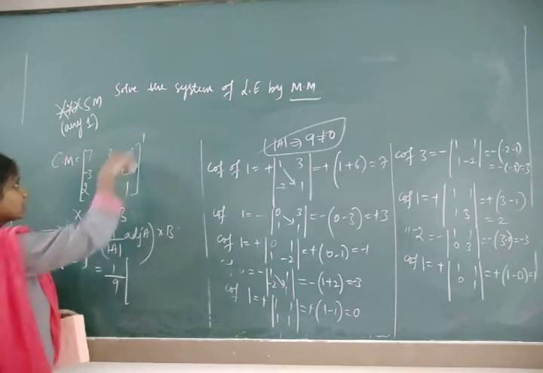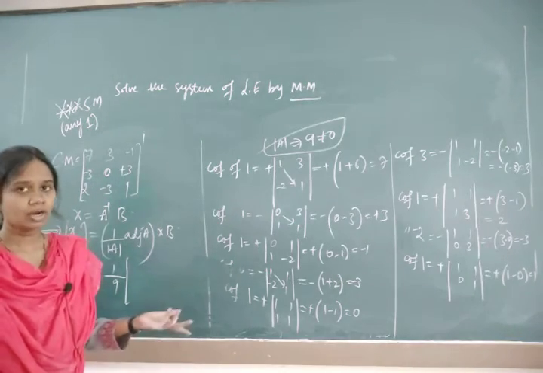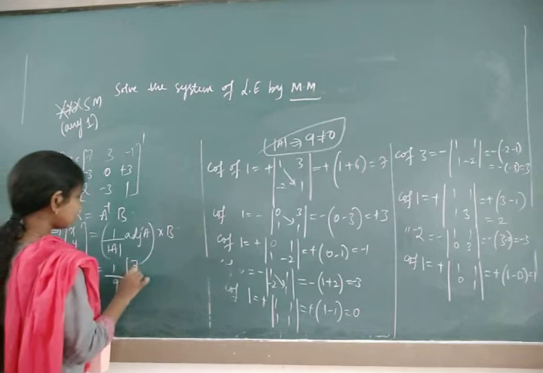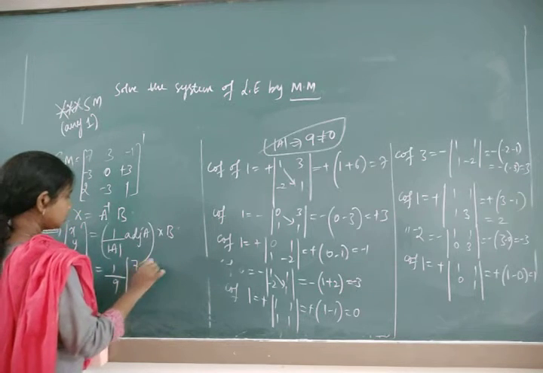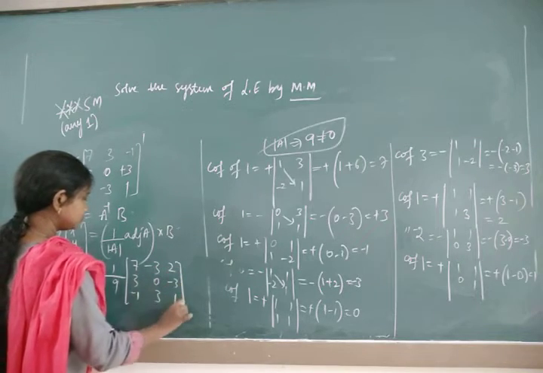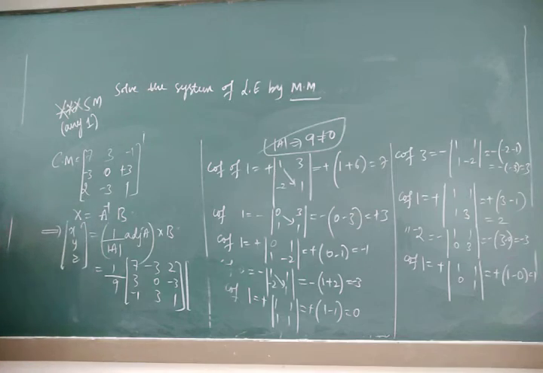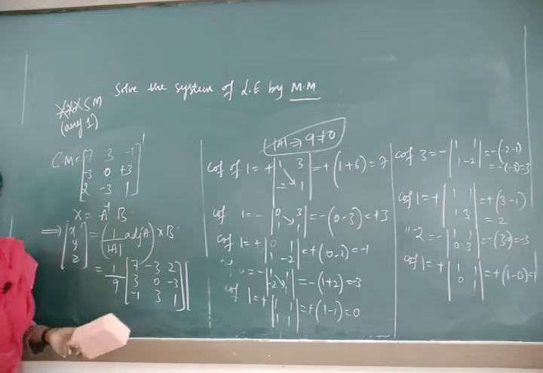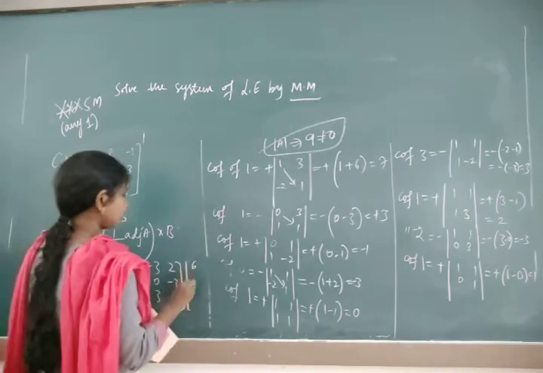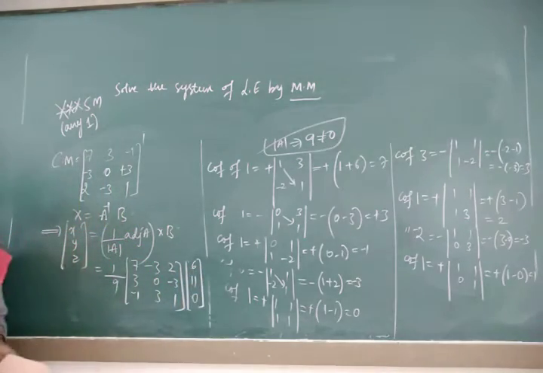Adjoint A is the cofactor matrix's transpose. When you take the transpose, it will become the adjoint. So it will become 7 3 minus 1, minus 3 0 3, 2 minus 3 1, into B. What was our B? I have given 6 11 0. Remember the values, or else look at the question, constant values 6 11 0.